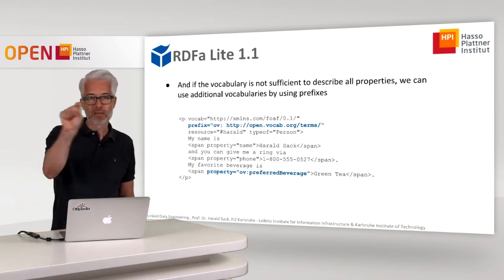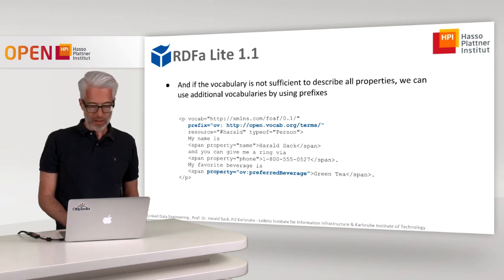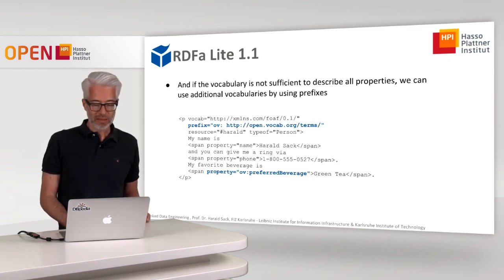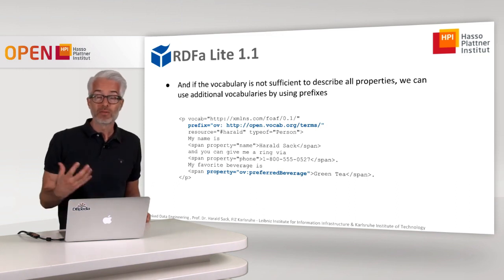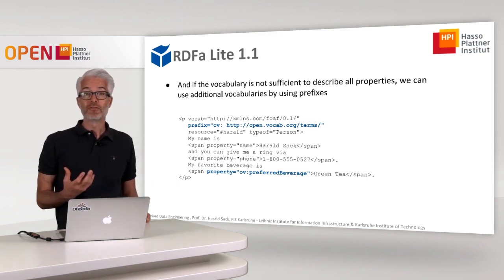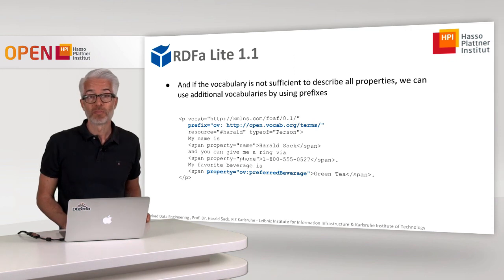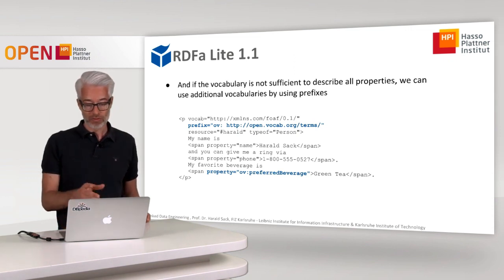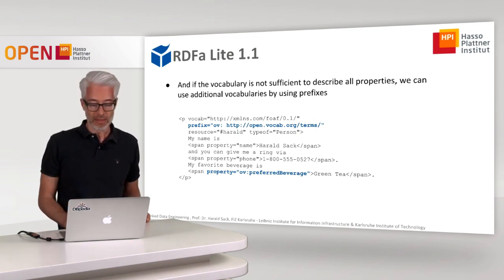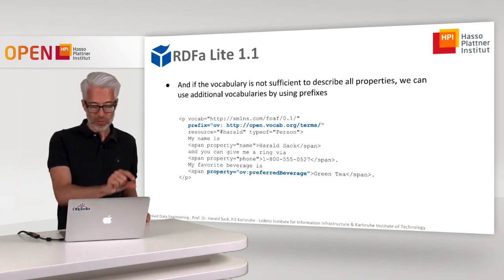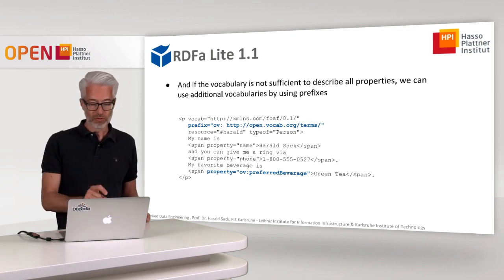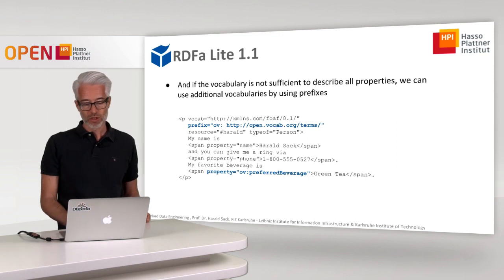And you see here in the very last line within the paragraph definition, I define another span tag with a property where I use a keyword which is defined in the open vocabulary within the namespace that I have referred to via OV:. And then I have property equals OV:preferredBeverage.